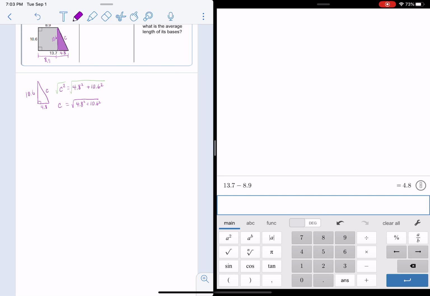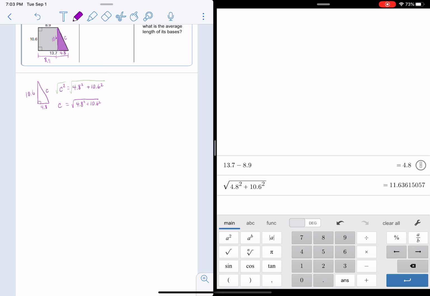Okay, all in one go. Square root button, and then we have a 4.8, which we are squaring, and then plus 10.6, which we are also squaring, and you can see the number popping up on the screen. So that number, the decimals just keep on going, as you can see, and there's no little fraction button over here at the end.